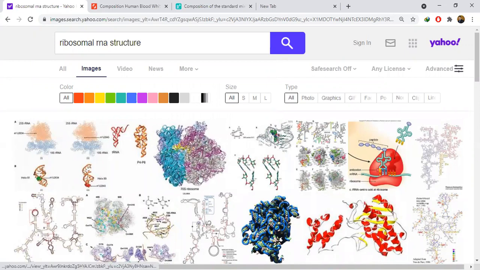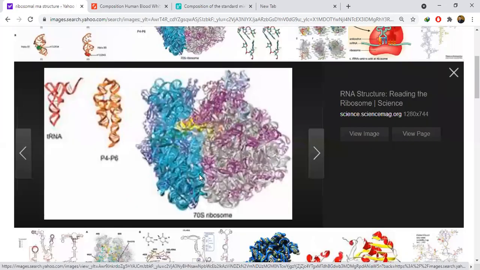This is not ribosomal RNA, it is the ribosome they are showing. It doesn't matter, for ribosomal RNA you can just get an idea. You can see how complex the ribosomal RNA is, how much bigger it is. So you can just see this diagram.